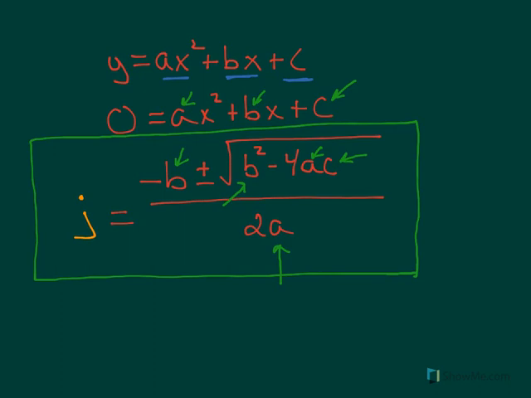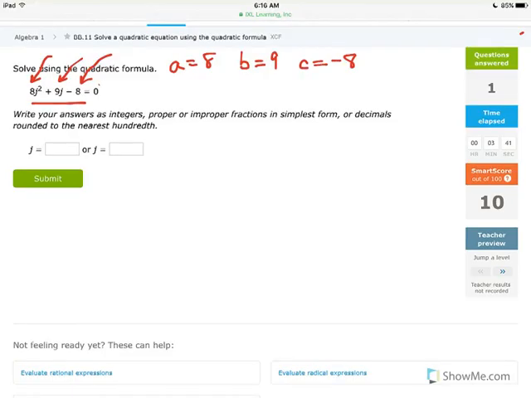This formula just finds you the solution for whatever that variable happens to be. Usually we're using variable x, but sometimes you have variables by different names. So we're going to be solving for j here using this formula. And let's go ahead and set up our quadratic formula. So solutions for j.